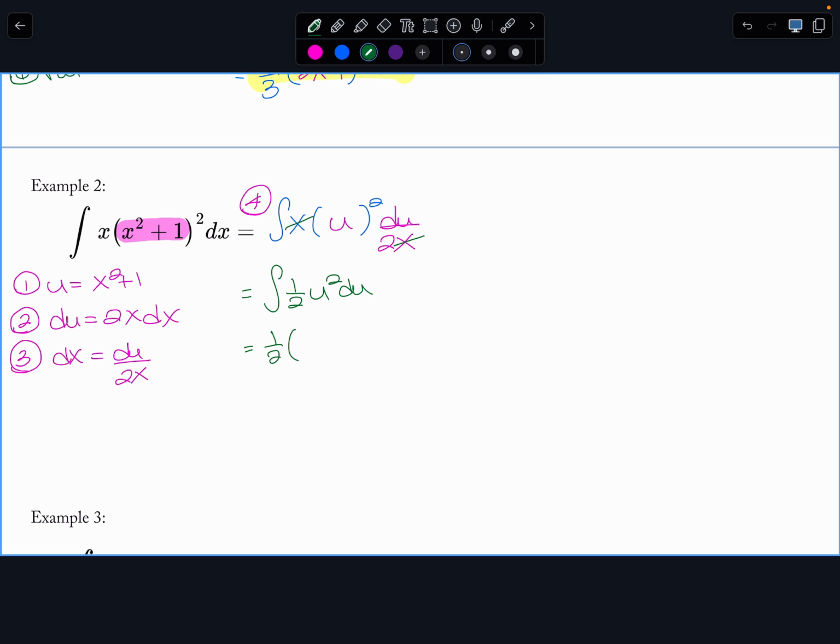So I have my 1/2. I have a u cubed and a 1/3 and a plus c.